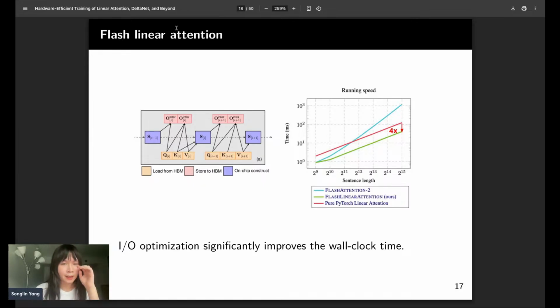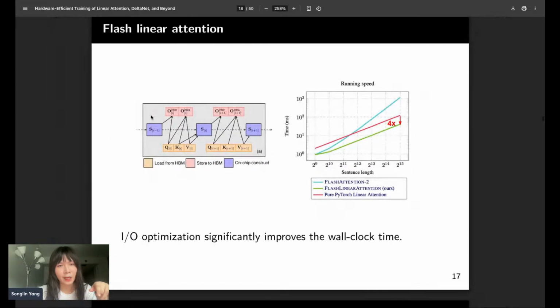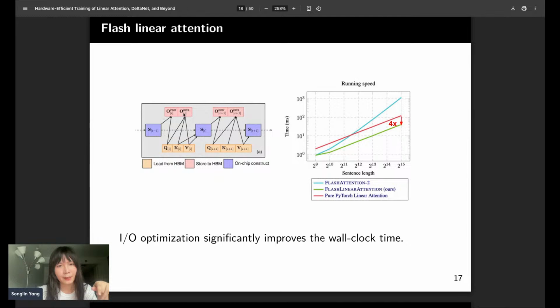And in Flash Linear Attention, we do several kernel fusions to try to reduce the I/O cost. For example, in this case, this query block could be used to compute both parts of the output, contributed by the previous context and the local context.